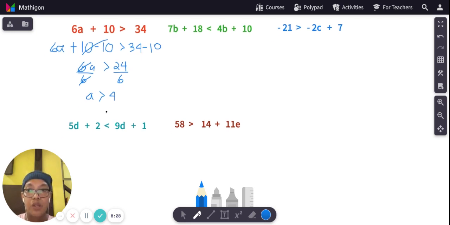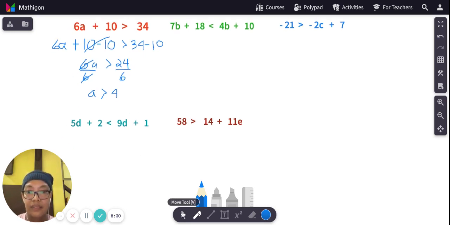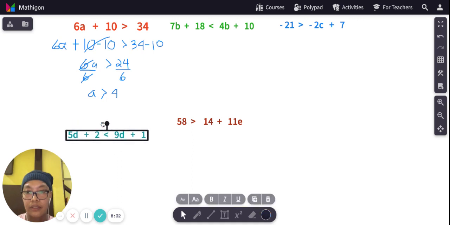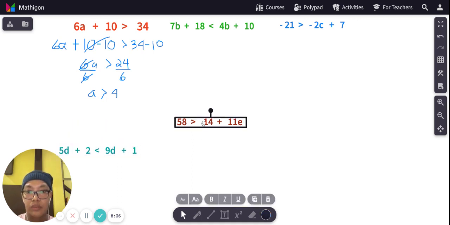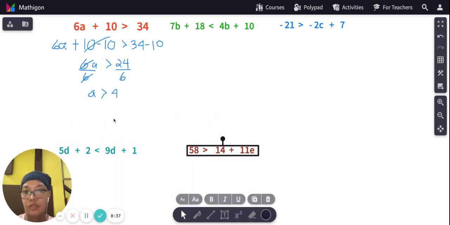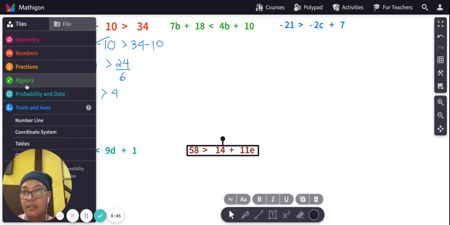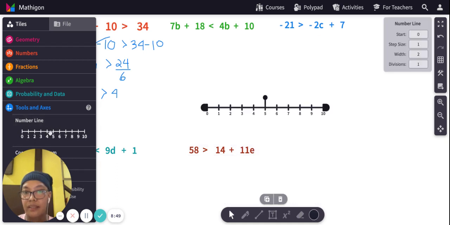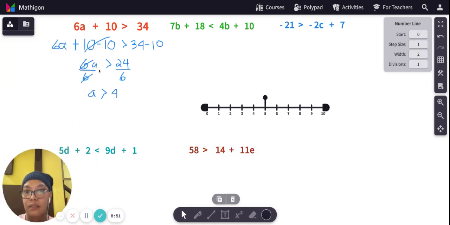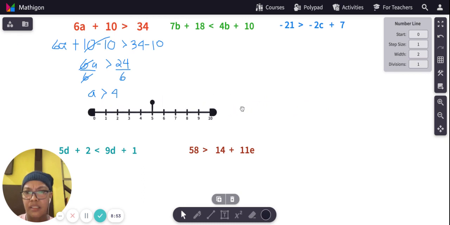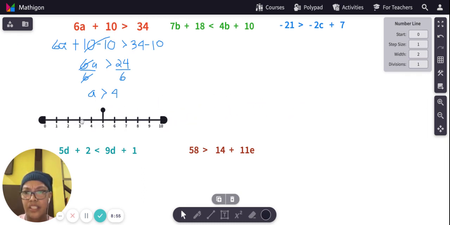Okay? So how will you draw that? For you to draw that, I can draw a number line here. So, greater than 4.